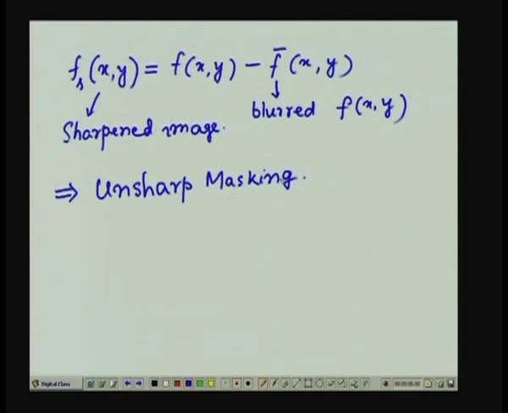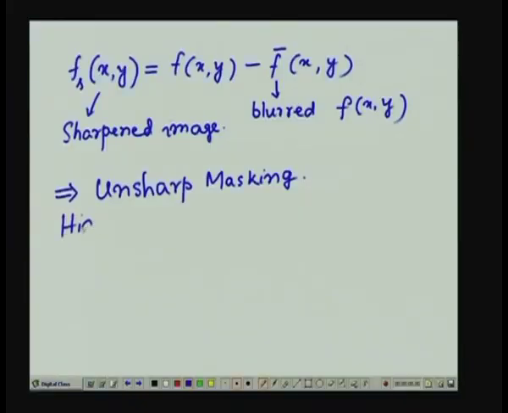Now, we can slightly modify this particular equation to get an expression for another kind of masking operation, which is known as high boost filtering. So, high boost filtering is nothing but a modification of this unsharp masking operation.